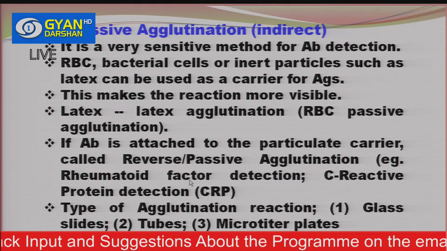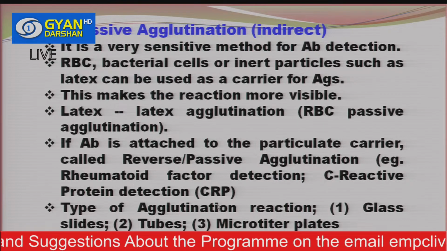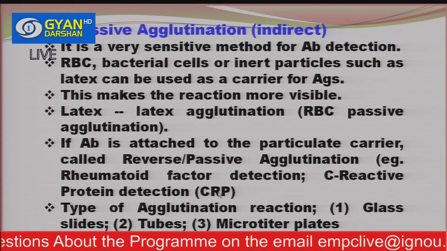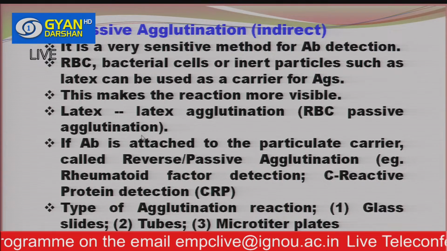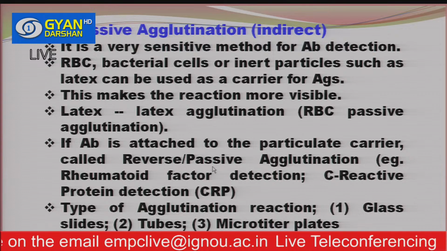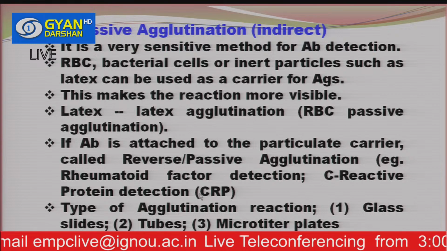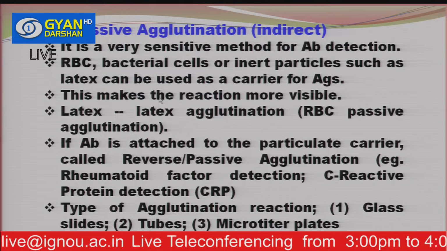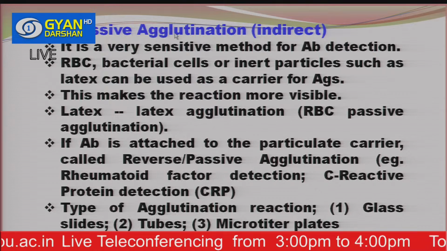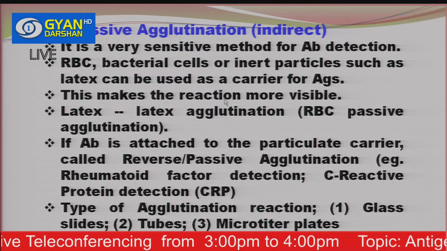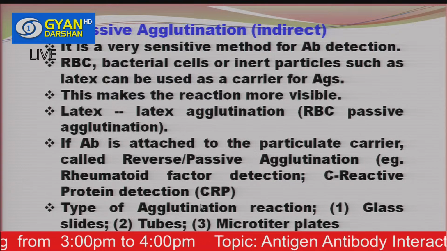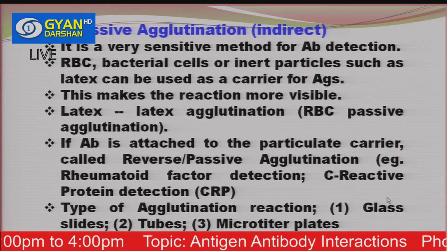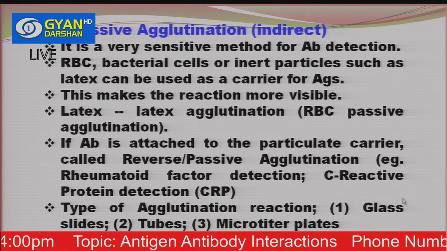Rheumatoid factor detection, C-reactive protein (CRP) detection are there. We can utilize it for the detection of various tests, like CRP, C-reactive protein, with the help of indirect agglutination or passive agglutination. For the agglutination reaction, one can be performed on a glass slide.